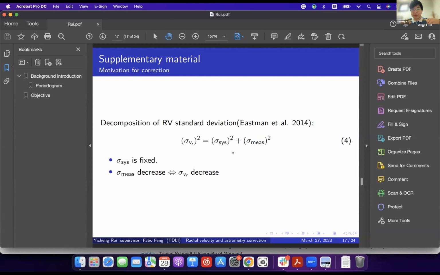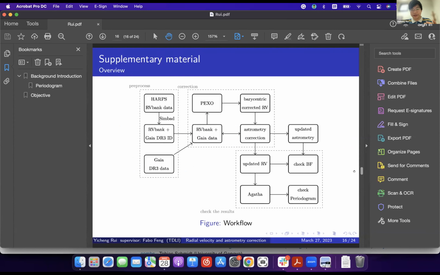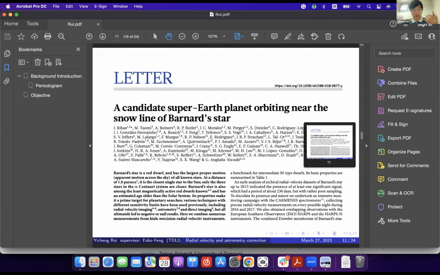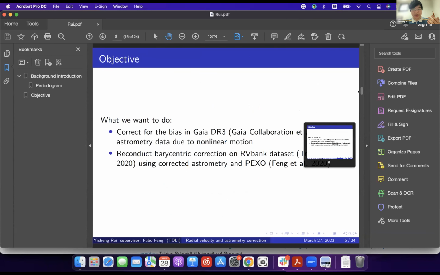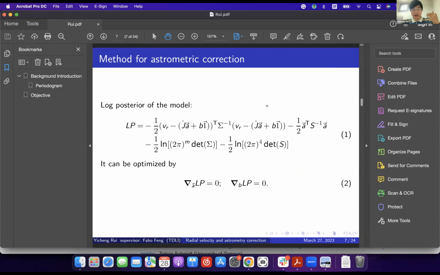If they are separate from each other, when you make the total standard deviation lower, you decrease some noise. This is the motivation. So we just lower the total standard deviation by correcting the astrometric solution.